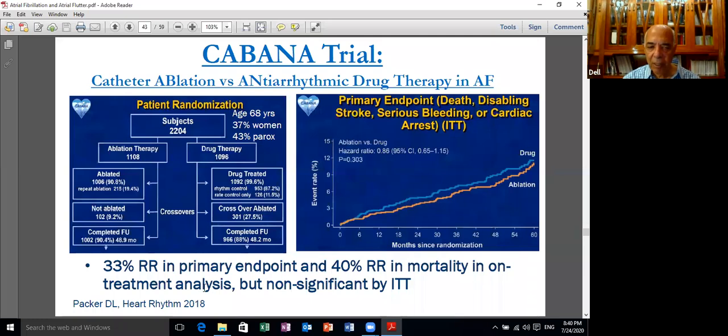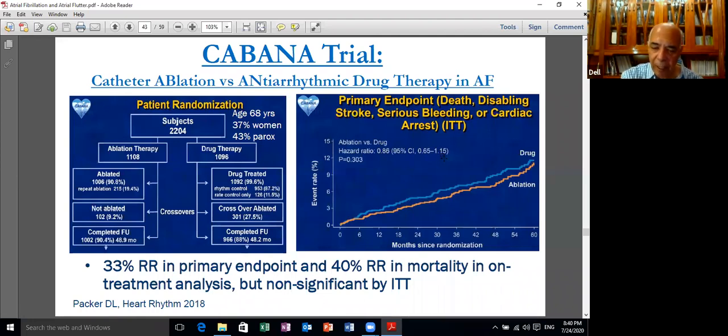That is not the official method of comparing in randomized trials, because it introduces tremendous bias. But if you do the analysis by on-treatment rather than intention-to-treat analysis, then there is a 33% relative risk reduction of the endpoint of death, disabling stroke, serious bleeding or cardiac arrest.